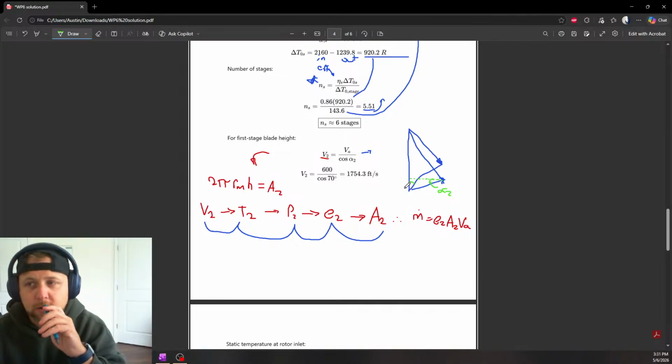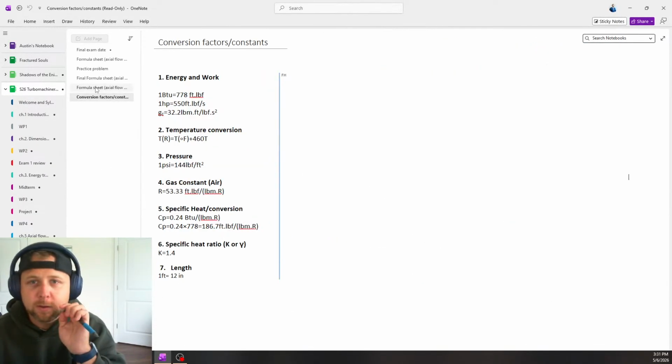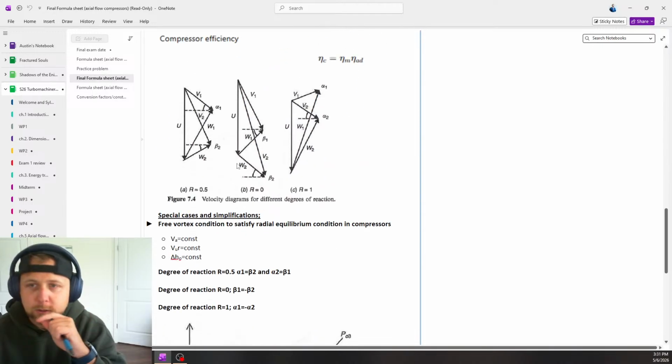Adjacent over hypotenuse. Yeah, this is V2, I think. Hold up, this ain't right. Something ain't right. Final formula sheets. That's W2. V2 is this long one. So realistically, V2 is equal to this entire one.